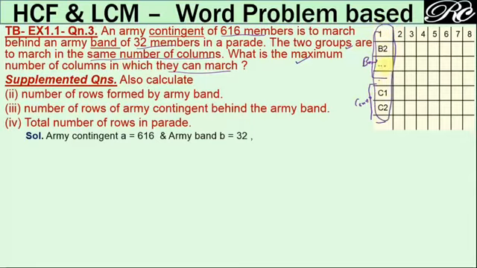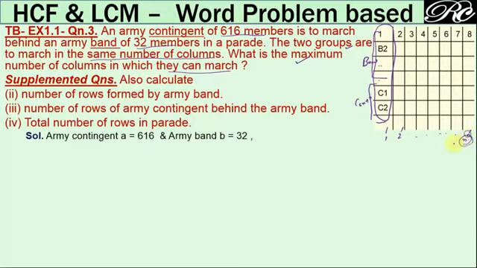So band and contingent have to arrange in such a way that they have the same number of columns. Here we are getting that these columns are common. This will be the first column, this will be the second column. Likewise, let us consider there will be n columns.